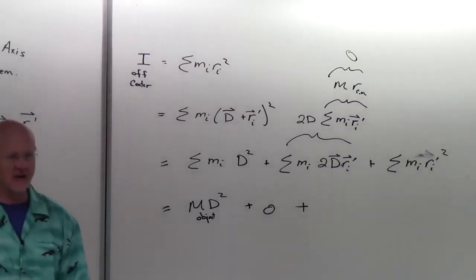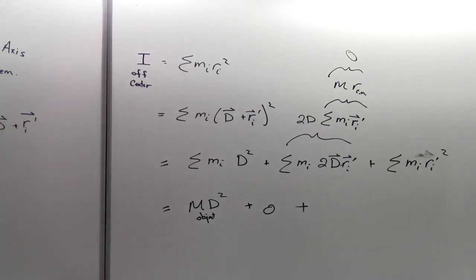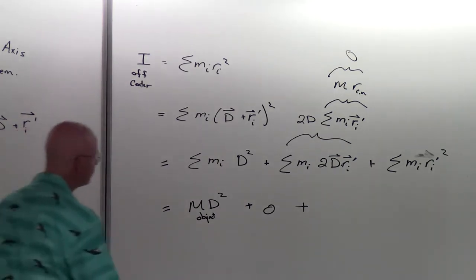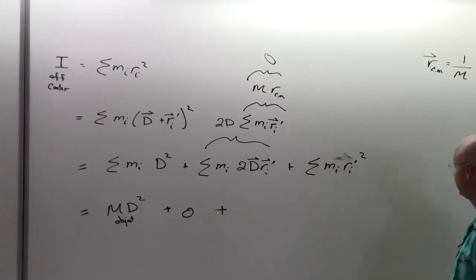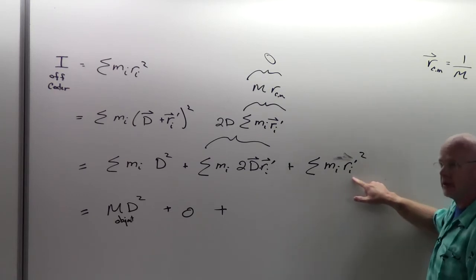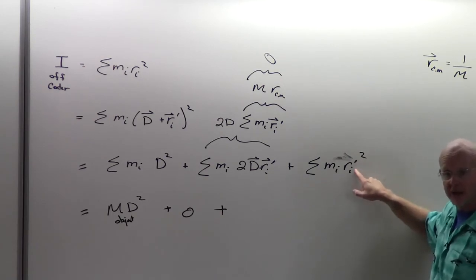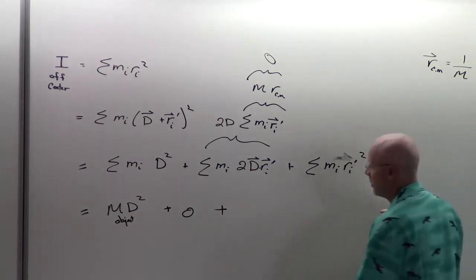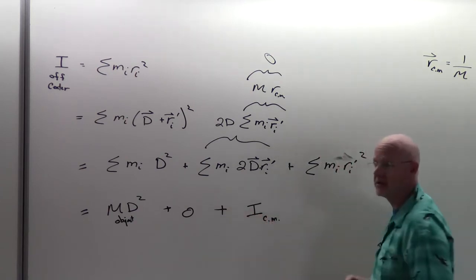Put your origin at the center of mass, calculate where the center of mass is, what are you going to get? 0. And so that's a nice little calculation. And let's get to this last one. What's this one telling me? Doesn't that look like moment of inertia? As measured from where? The prime, right? As measured from the center of mass. So this is the moment of inertia as measured from its center of mass.